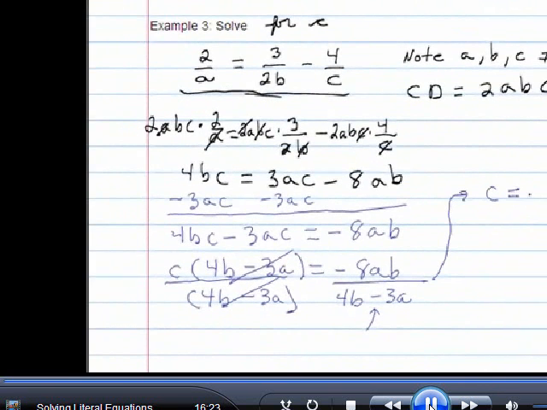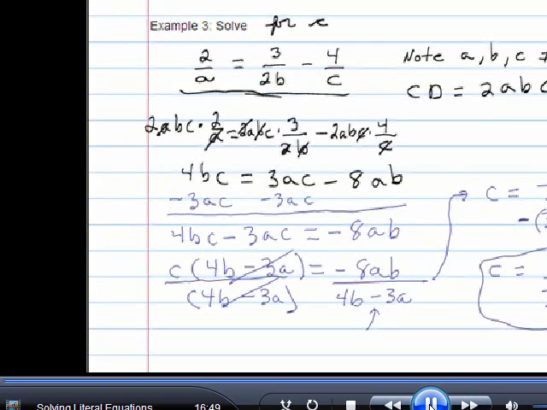I'll say c is equal to negative 8ab over, and when I reverse the numbers on the bottom, 3a minus 4b, that will put a negative out front. And now I've got negative over negative, which is positive.